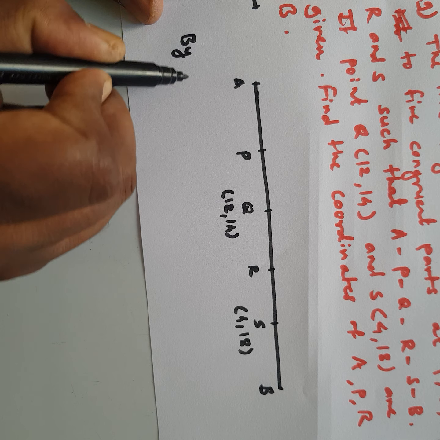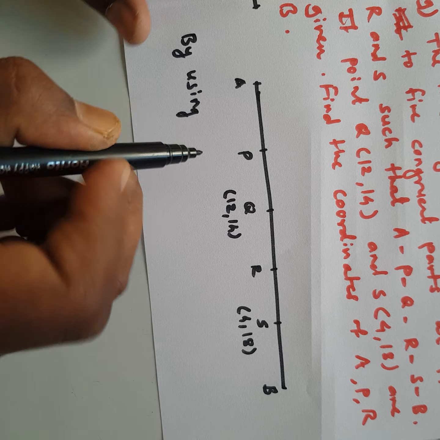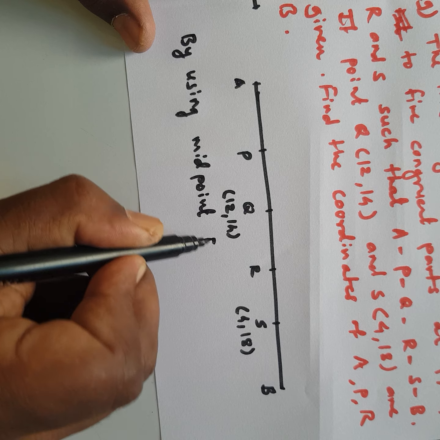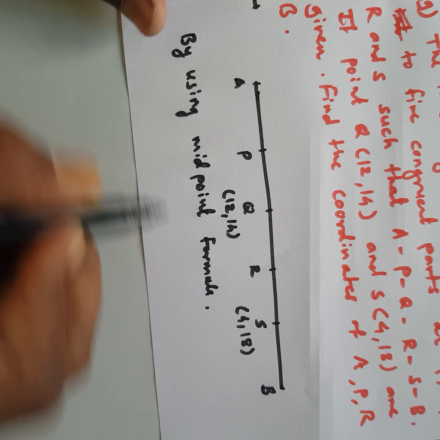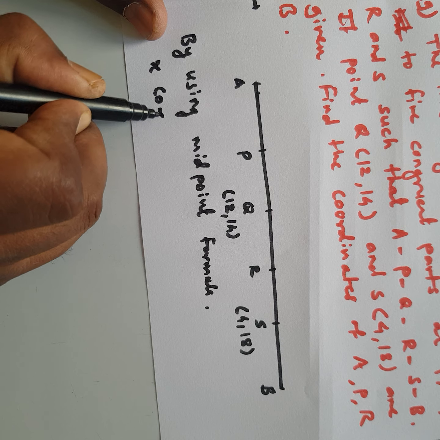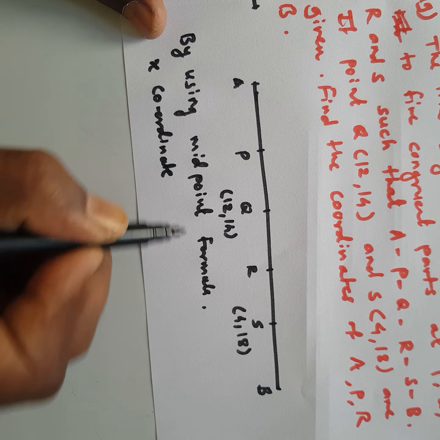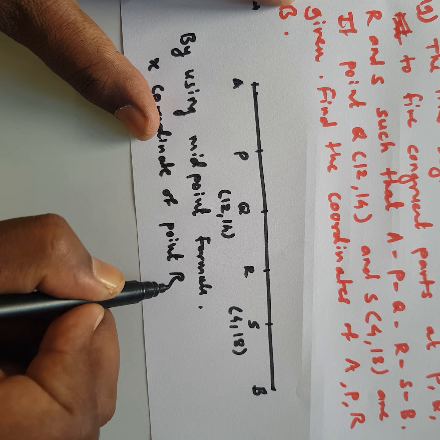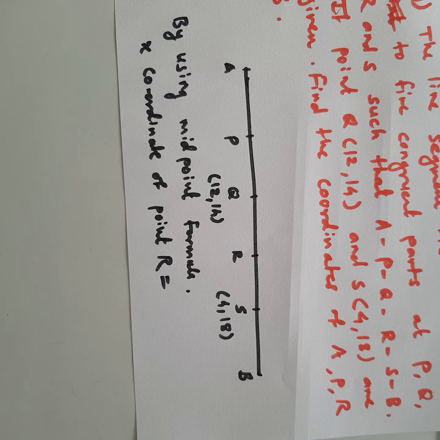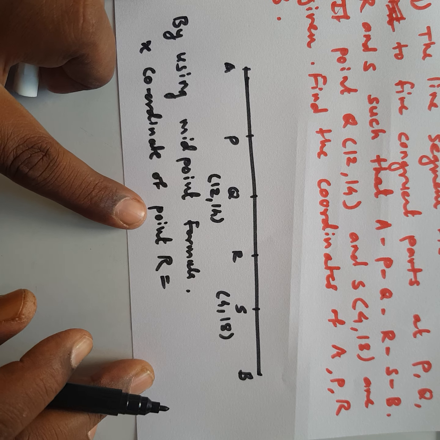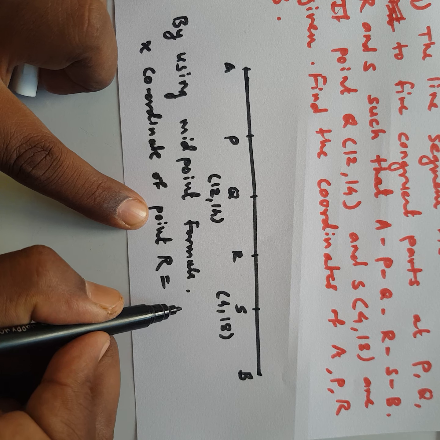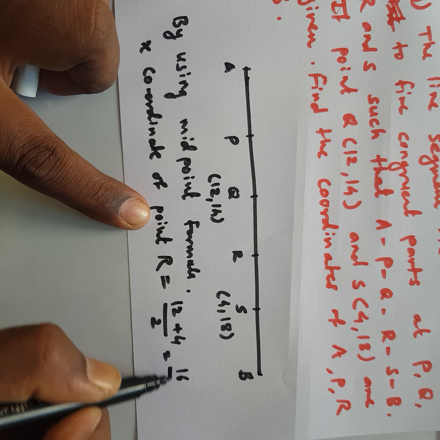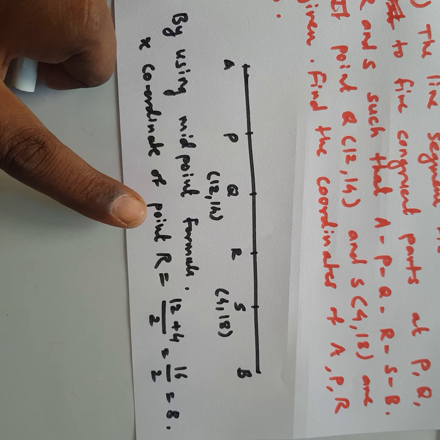So first, by using the midpoint formula, the x coordinate of point R is equal to, the midpoint formula is x1 plus x2 upon 2, that is here 12 plus 4 upon 2 is equal to 16 upon 2 is equal to 8.